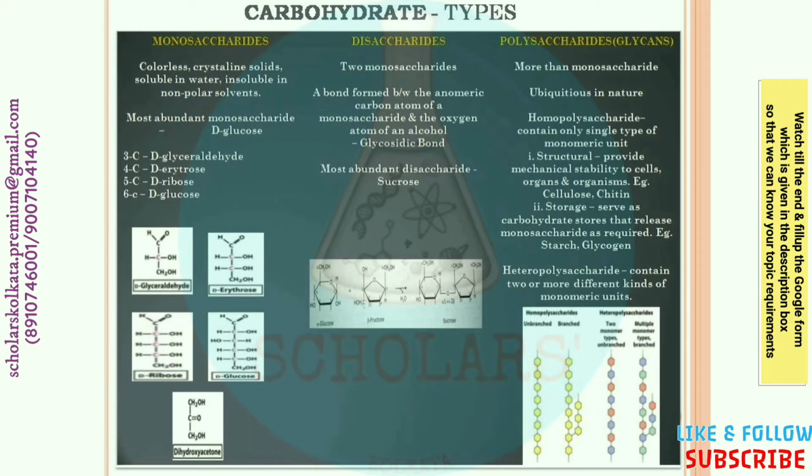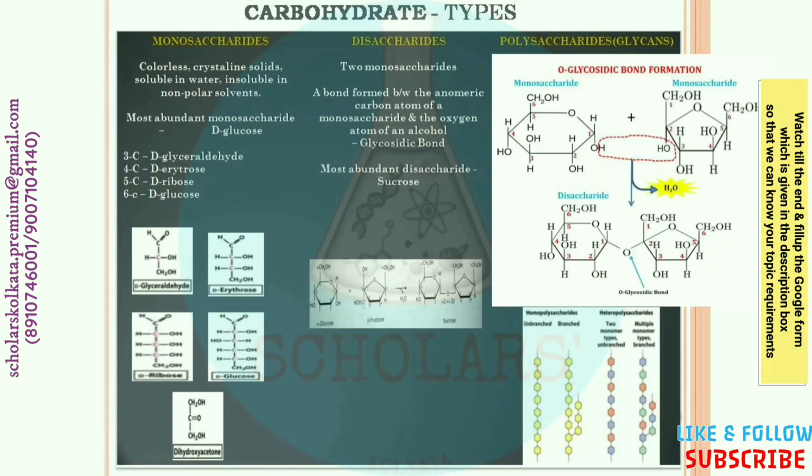Now let's talk about the disaccharides. As we previously said, a disaccharide is formed when two sugar molecules are bound with each other by a specific glycosidic bond. What is the glycosidic bond? It is a bond formed between the anomeric carbon atom of a monosaccharide and the oxygen atom of an alcohol.